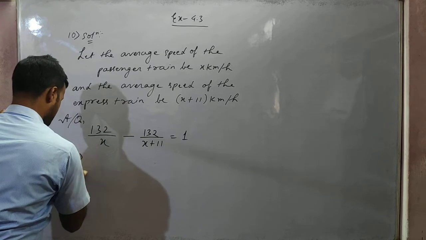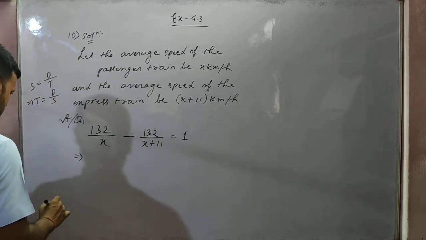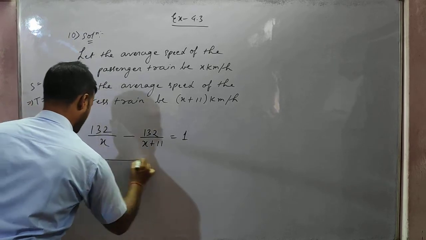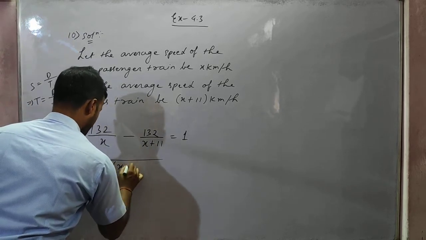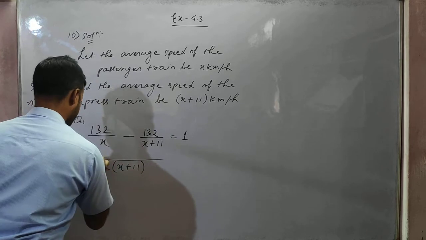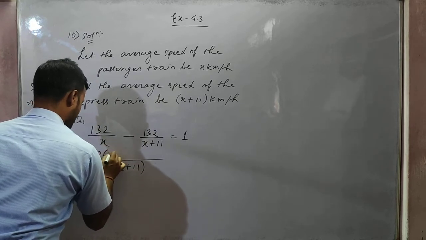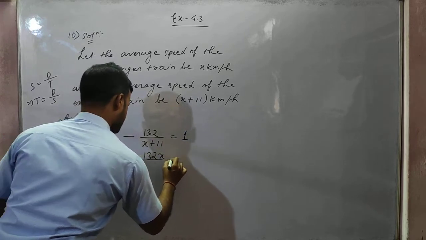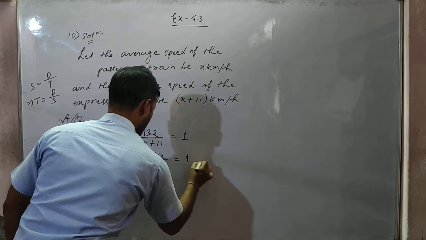Okay. So next, students, what we will do is we will take the LCM. x into x plus 11 will become the LCM. So 132 into x plus 11 minus 132 into x is equal to 1.